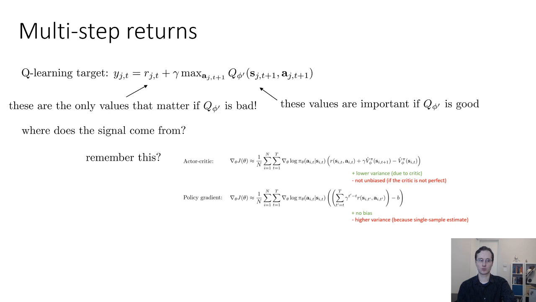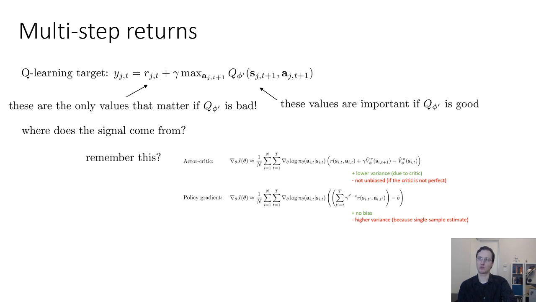So this is quite similar to what we saw in actor-critic, when we talked about how the actor-critic style update that uses the reward plus the next value has lower variance, but it's not unbiased, because if the value function is wrong, then your advantage values are completely messed up. And Q-learning is the same way.